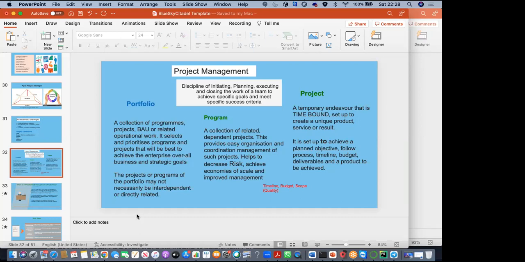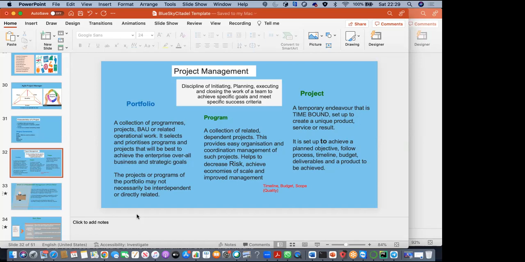A program manager manages the work of the electrician, the plumber, the bricklayers, the decorators, the plastering people, whatever it is that is happening within the program. And the project managers would report to the program manager.